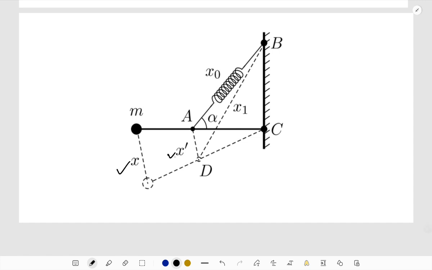That means this length x dash is quite small, and also the x. These things are quite small, and that makes me assume that I can take this length as a perpendicular.